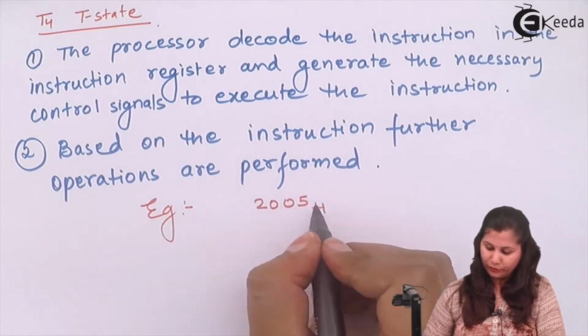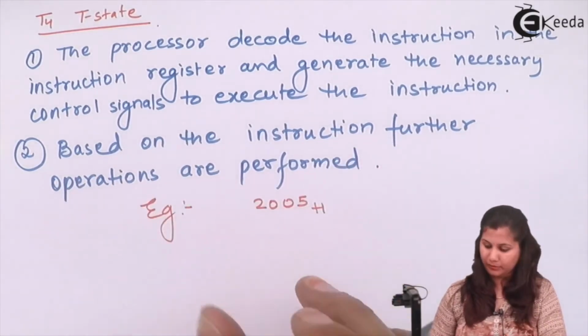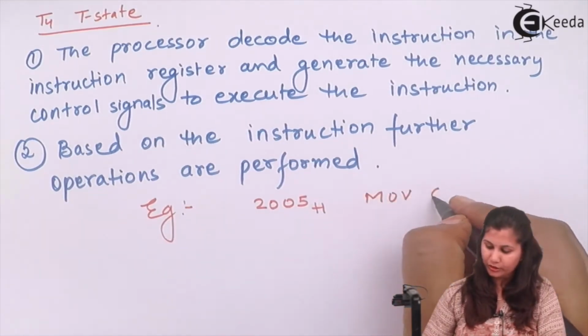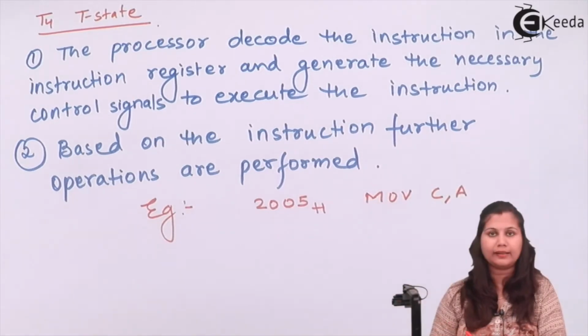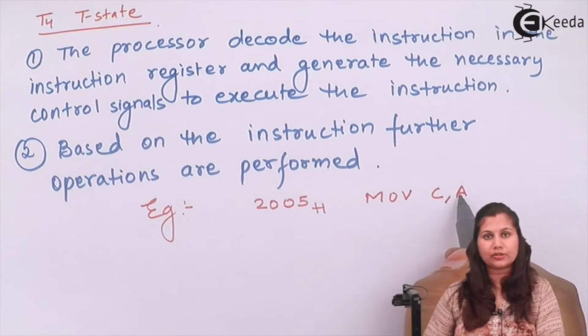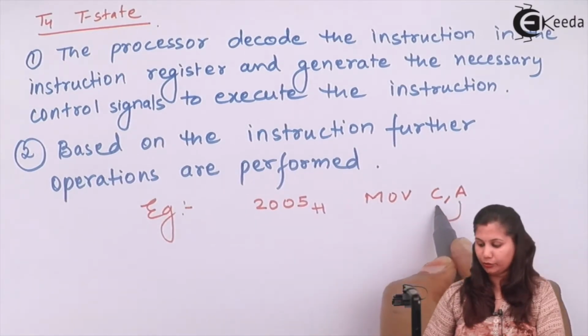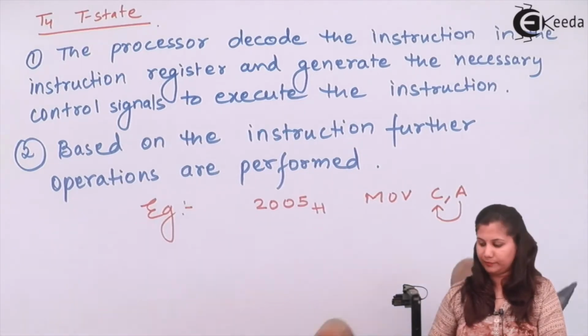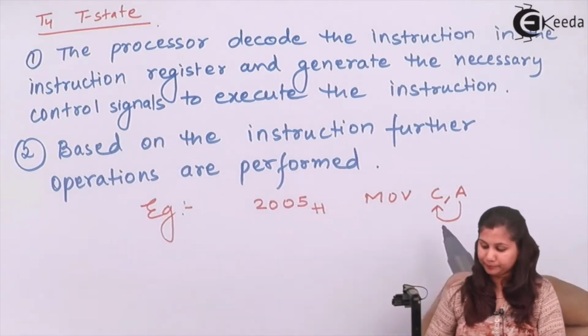At this memory location we have the instruction MOV C comma A. This instruction means you have to move the contents of the accumulator register into the C register. So it is performing a copying function.